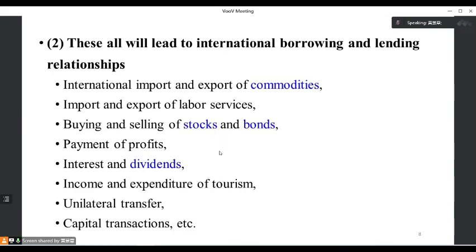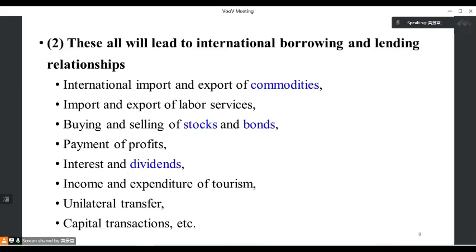In this part of PPT, we can find out that these items can make international borrowing and lending relationship.